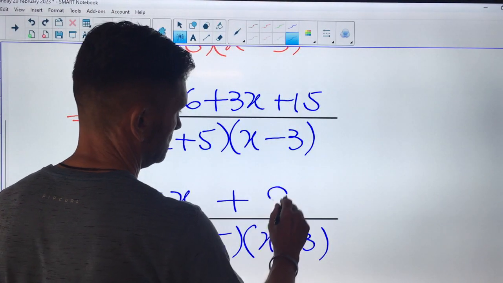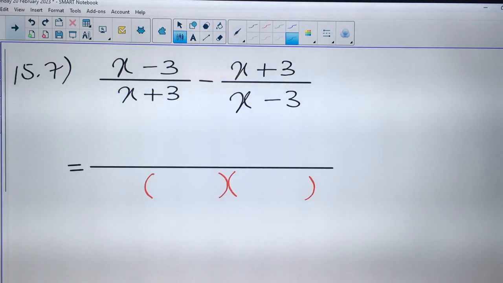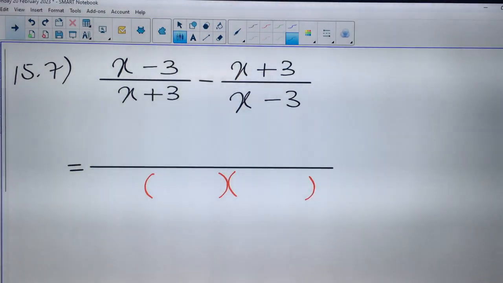That's correct. And that is done. No common factor, nothing that we can remove there. Okay, then the next one. I'm going to get you to do that one.